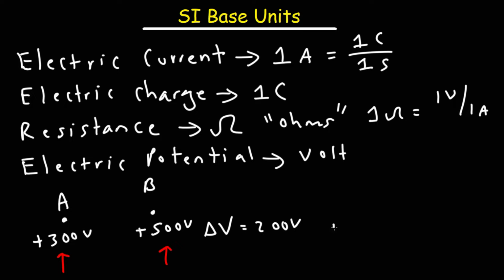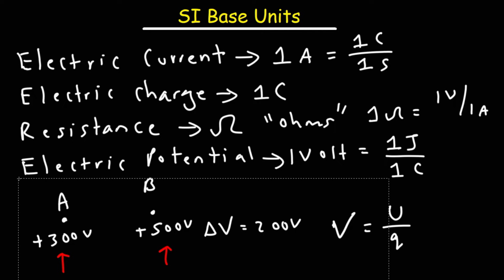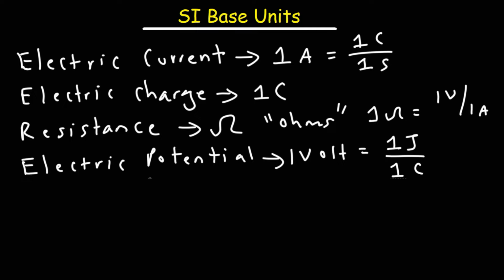Now, electric potential, represented by the symbol V, is equal to potential energy divided by the charge. So electric potential is the ratio of potential energy to charge. So 1 volt means that you have 1 joule of electric potential energy per 1 coulomb of charge. 100 volts can mean multiple things.